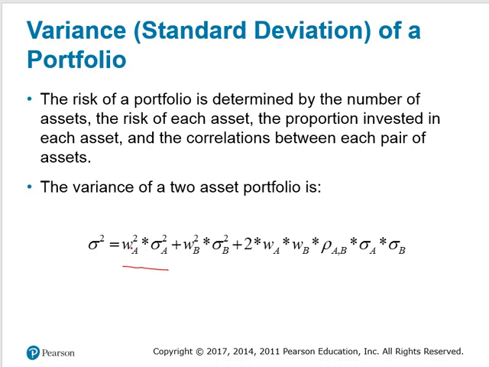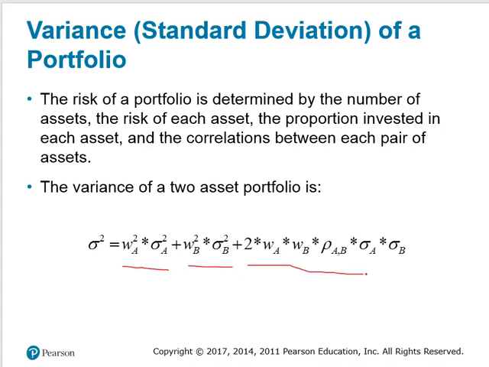It's how much A do you have, the weight, times its total risk. This is the part that comes from B. So when you combine A and B, each one of them brings a relative amount of risk to the portfolio.